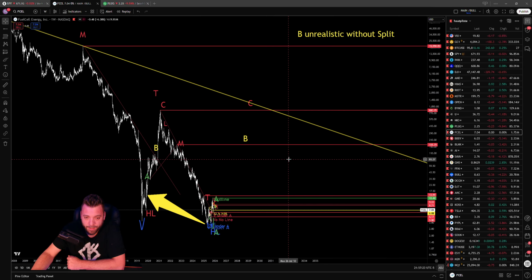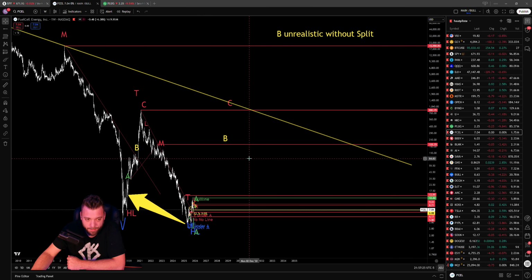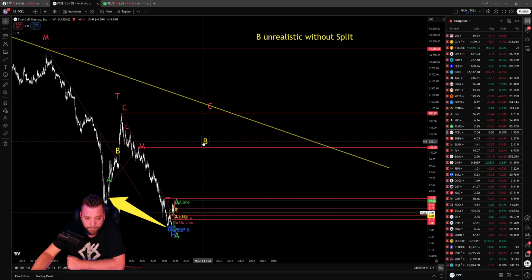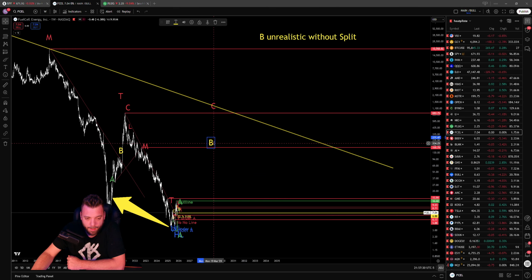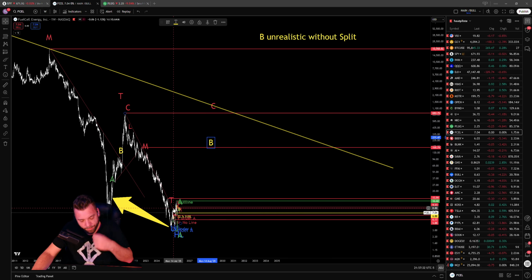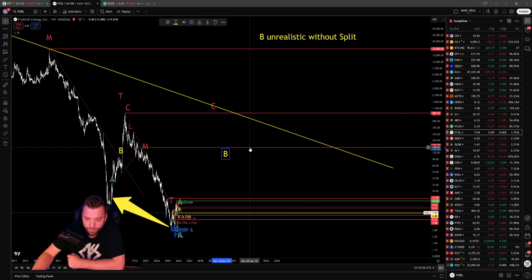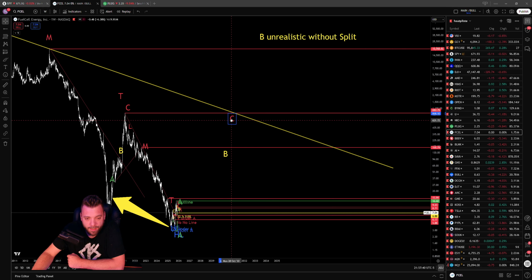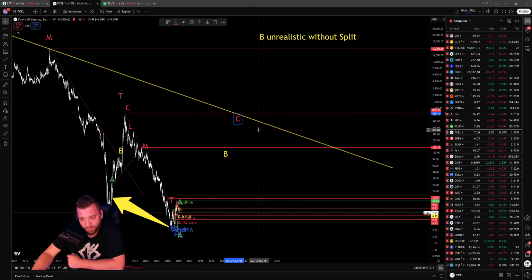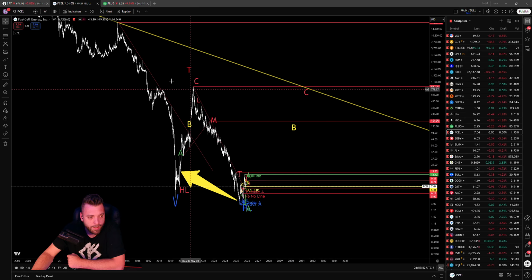For a listed price targets without a split, I show that later for A, but your B would be around 168, and your C would be somewhere in here. You would reject between 400 and 700, and the death spiral would continue, but who cares then?